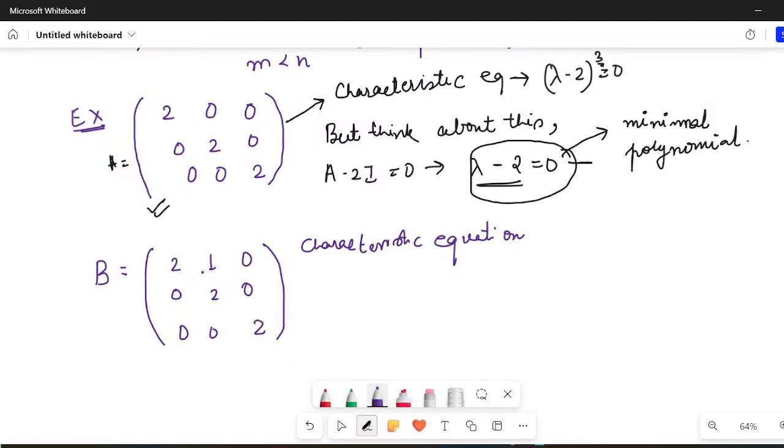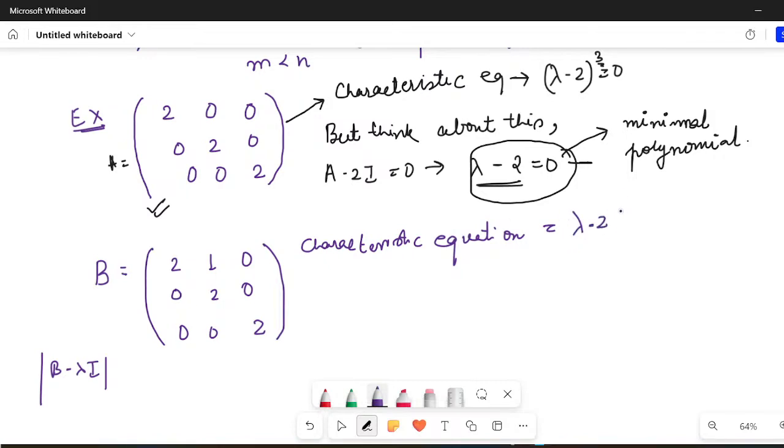If I replace |B minus lambda I|, clearly you can see that if I expand my determinant through here, it will come out as 0. So the determinant would be expanded only from the entry 2. So the characteristic equation comes out as (lambda minus 2) whole cube.